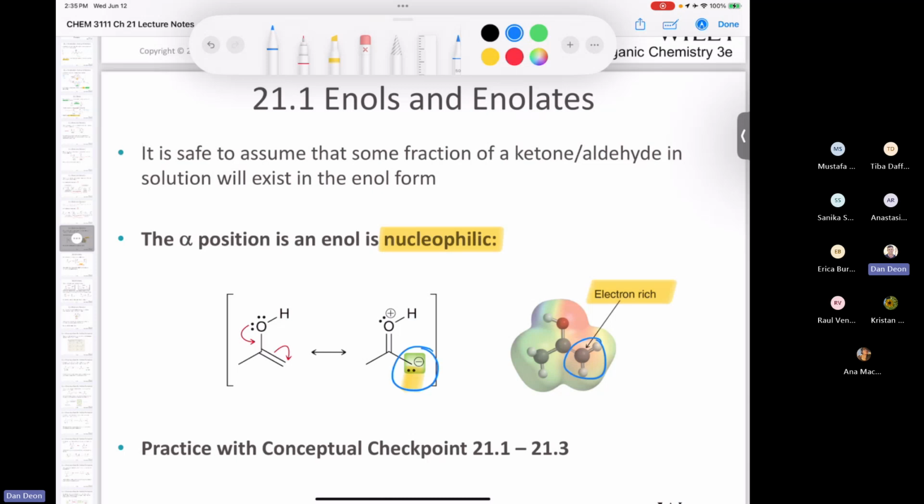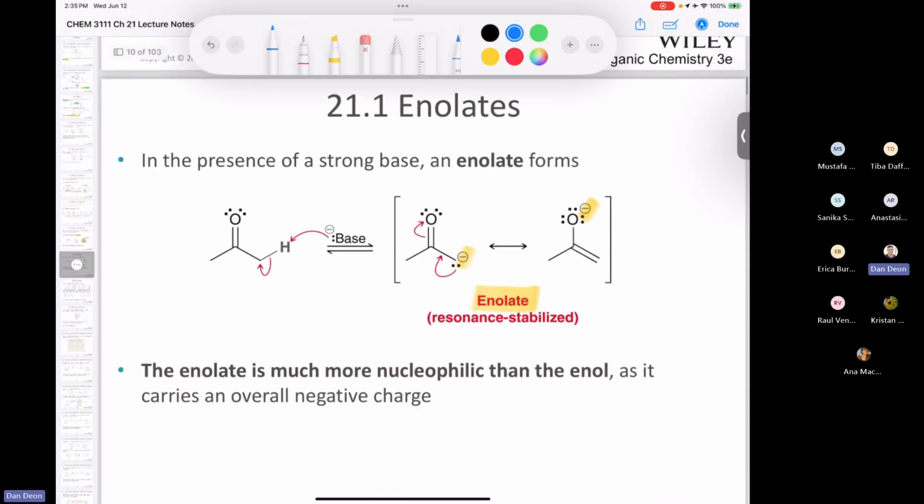You look at the electrostatic potential map, you see delta minus here. So yeah, an enol is nucleophilic. But then if you look at an enolate, again, it's got a negative charge overall. So that's going to be much more nucleophilic than an enol. They're both nucleophilic, but an enolate is a much stronger nucleophile.